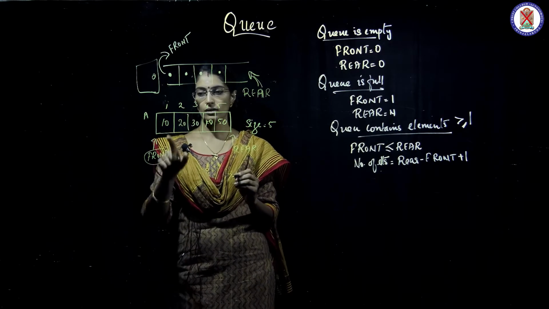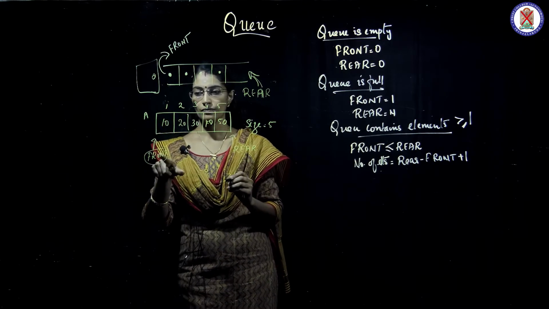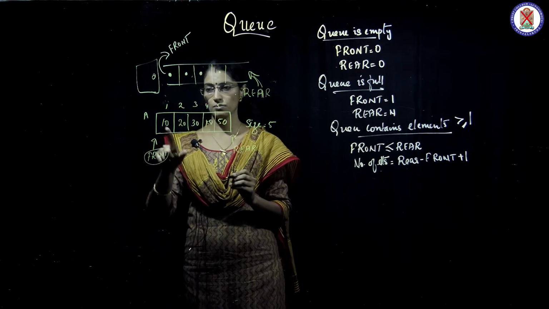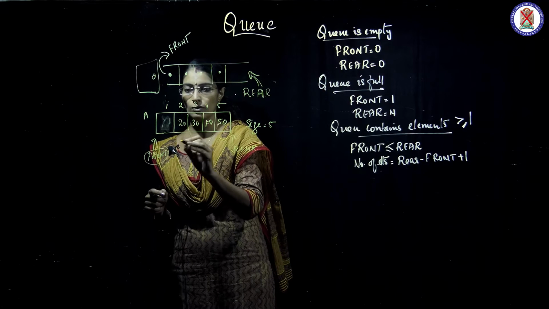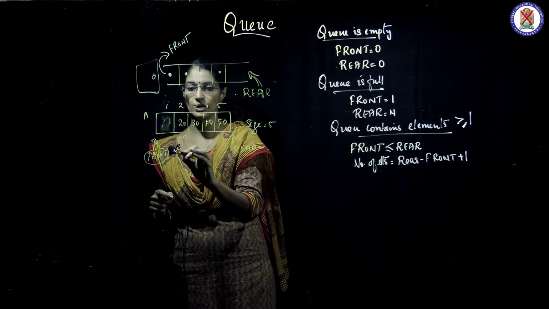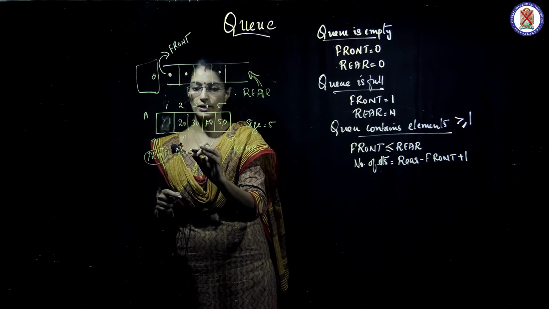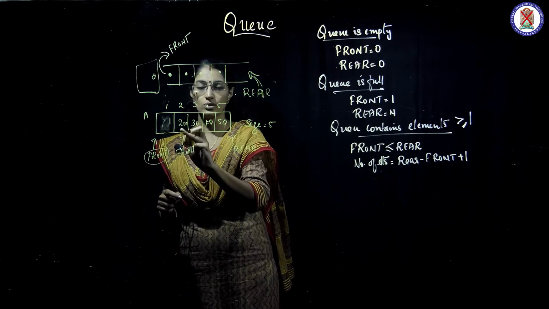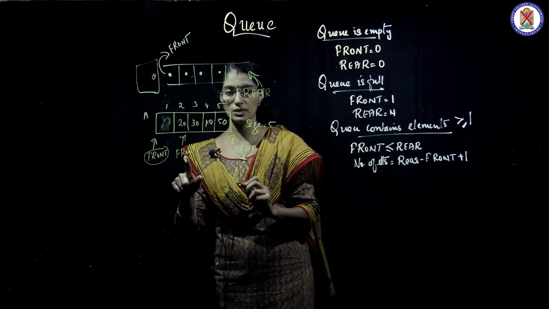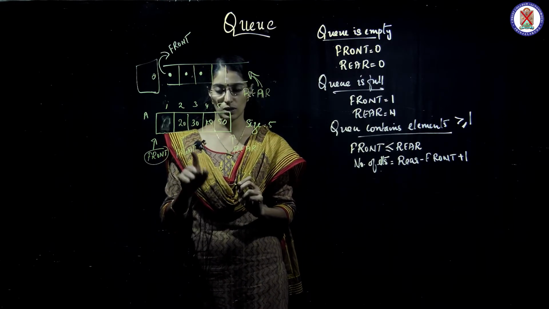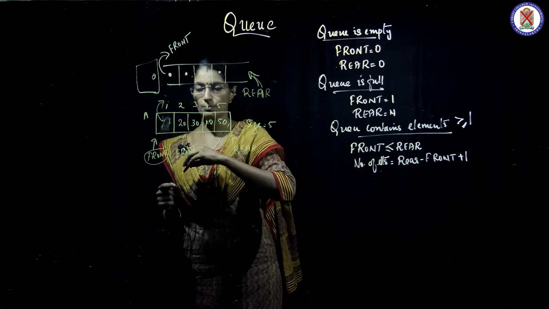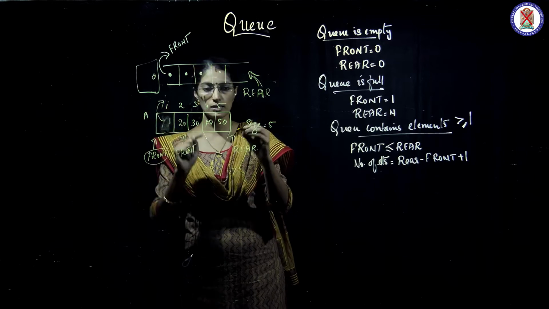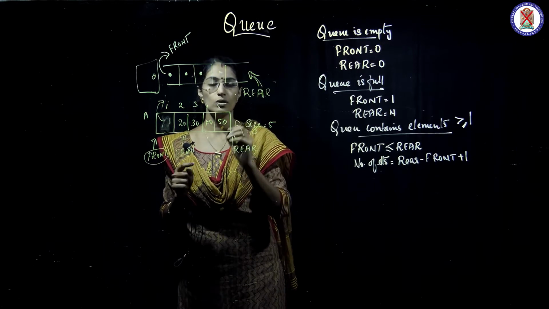So front, first deletion in this queue becomes you eliminate the first variable 10, right? Now front naturally will be pointing to the next variable 20. So what happens here is front is plus 1, front also increments. So naturally deletion happens through this end, insertion happens through this end.